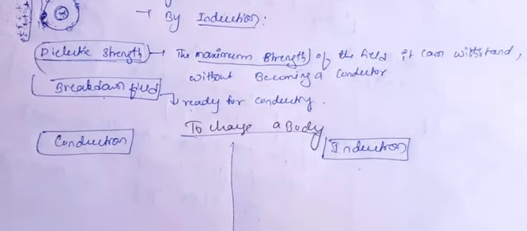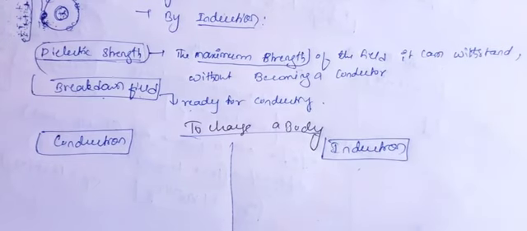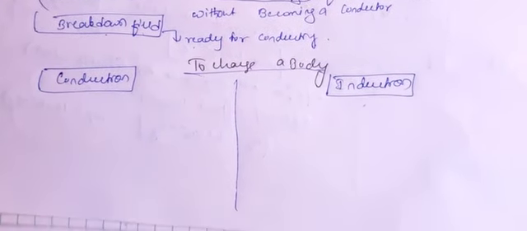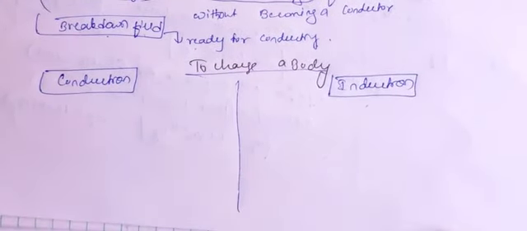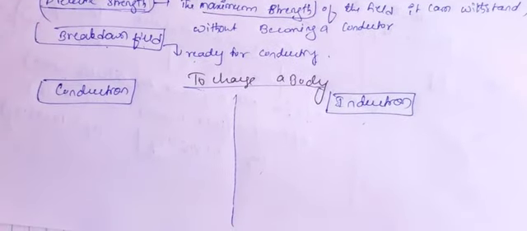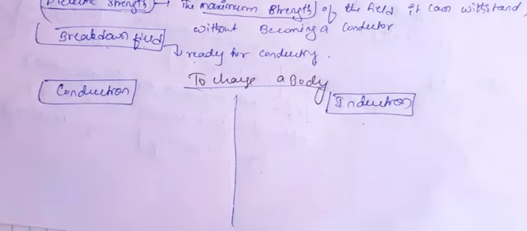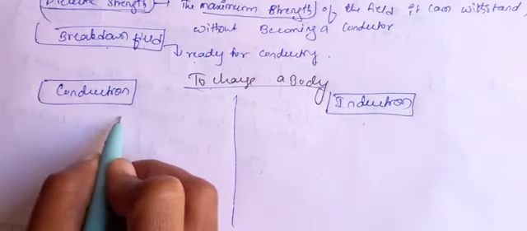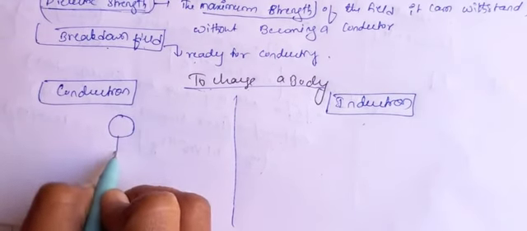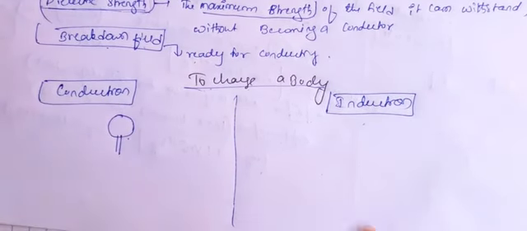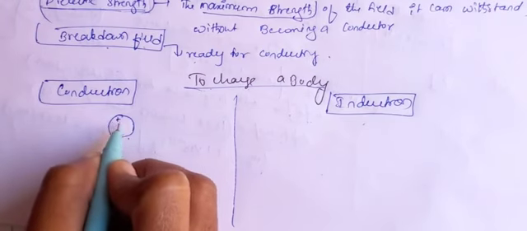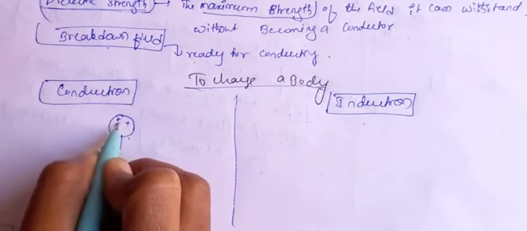Okay, so now conduction means we can contact the two bodies and then we can charge a body. So now I want to charge one body. For that I am placing one spherical ball or anything, which has an equal number of positive charges and negative charges.